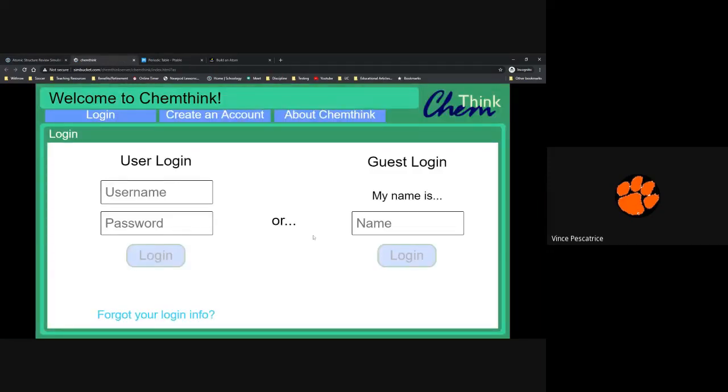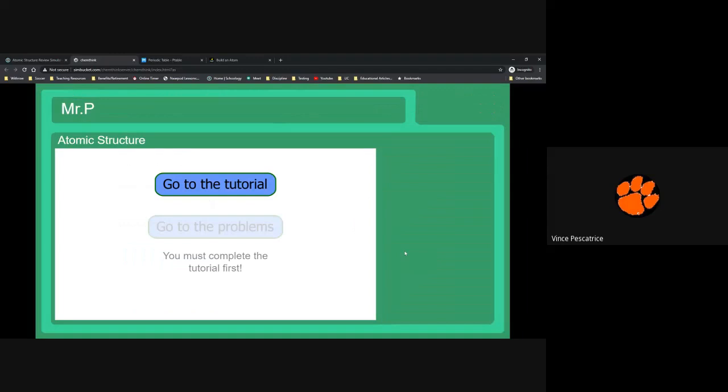After that link is open, go to the guest login and type in your name. Click login. Once you're at this screen right here, let me know in the chat. Type done in the chat. Once you're at this screen, type done in the chat.